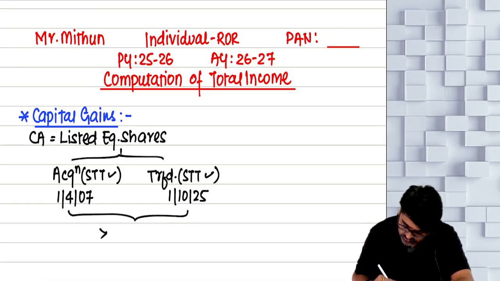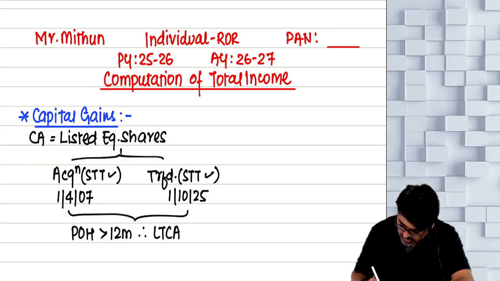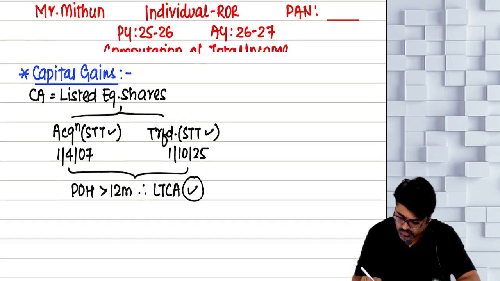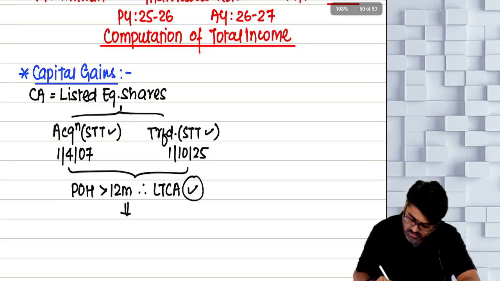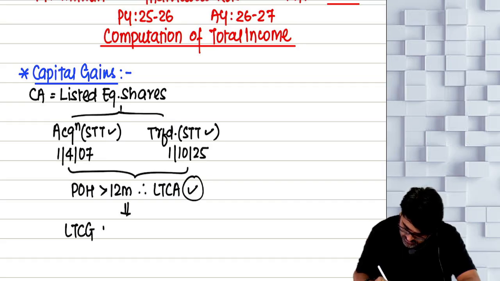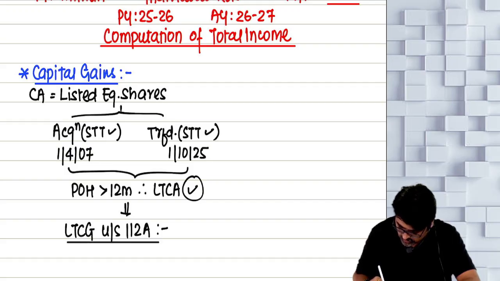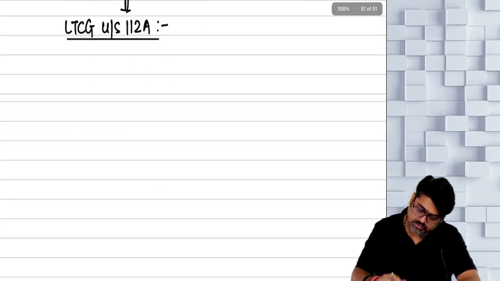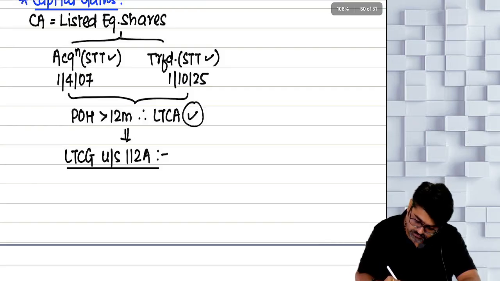Can I say this is period of holding, which is more than 12 months. Therefore, long-term capital asset. And for this long-term capital asset, you are going to compute long-term capital gain. Under which section? 112A. Yes or no?